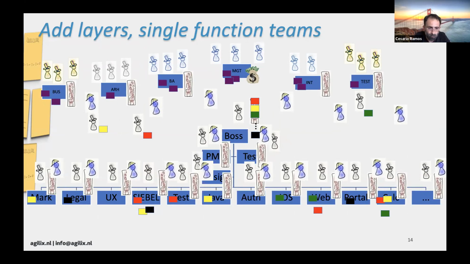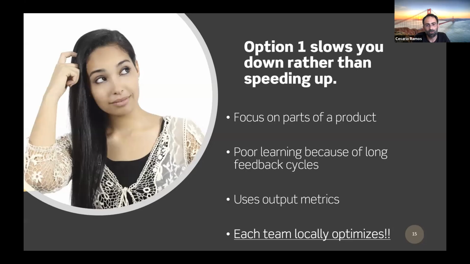And you can imagine that this is what at least in Europe happens all the time when you scale Scrum inside your current overly complex organization by adding stuff. So option one, actually more often than not in my experience, will slow you down rather than speeding up. And that is because we have this narrow product definition. We actually think that all these parts are a product, but they are not. They are product parts.